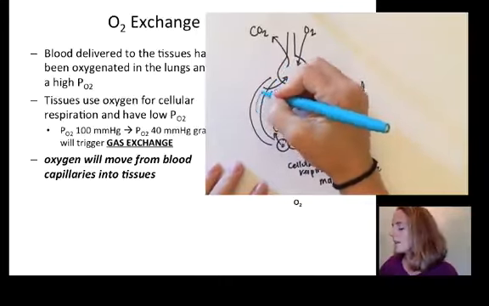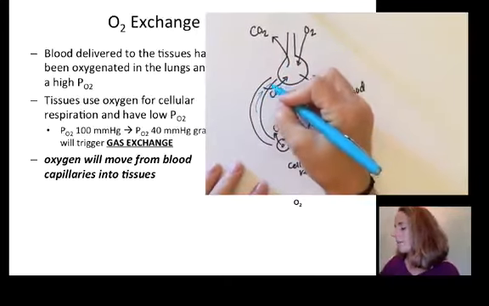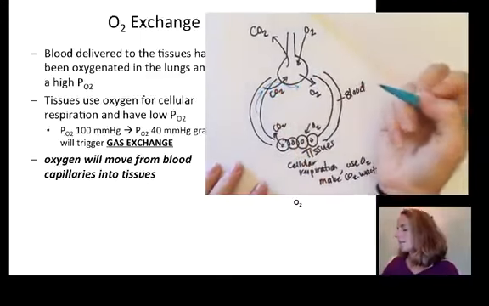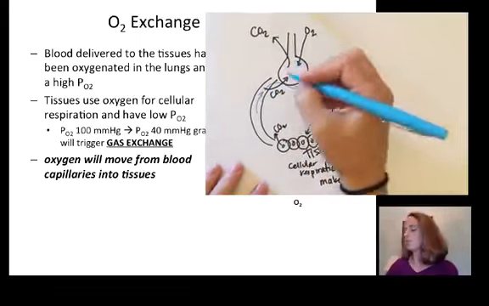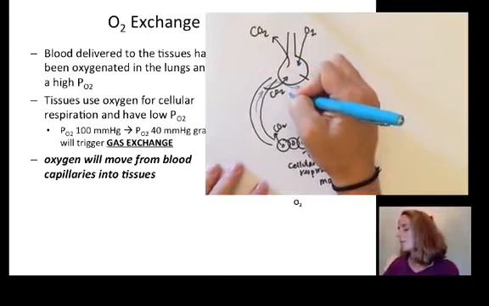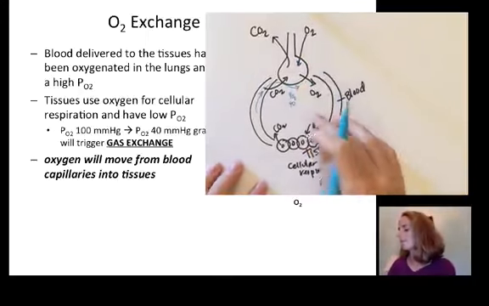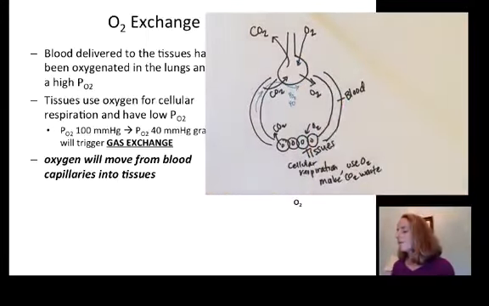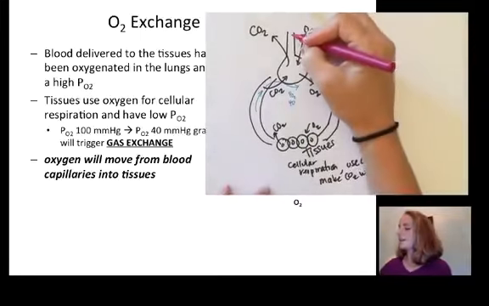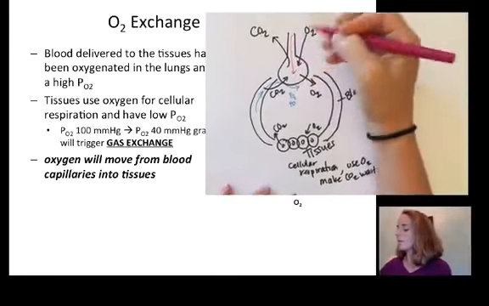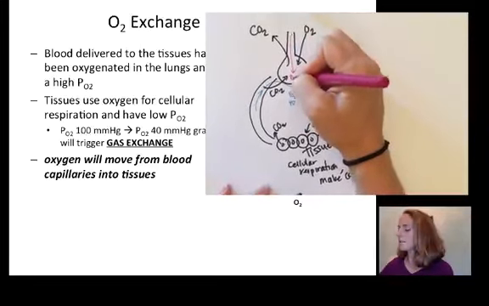The blood that is coming in from the heart that just returned from the tissues is going to have a PO2 of 40. The air is going to have a high PO2 because of all the oxygen in the atmosphere.